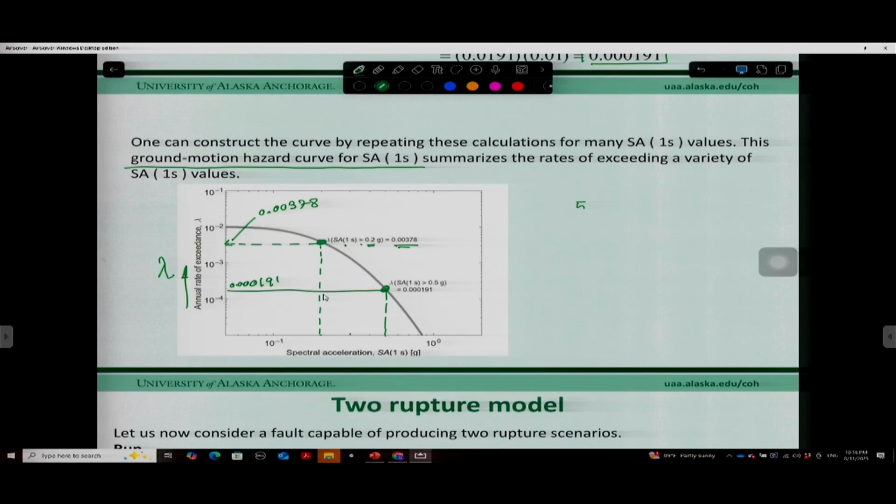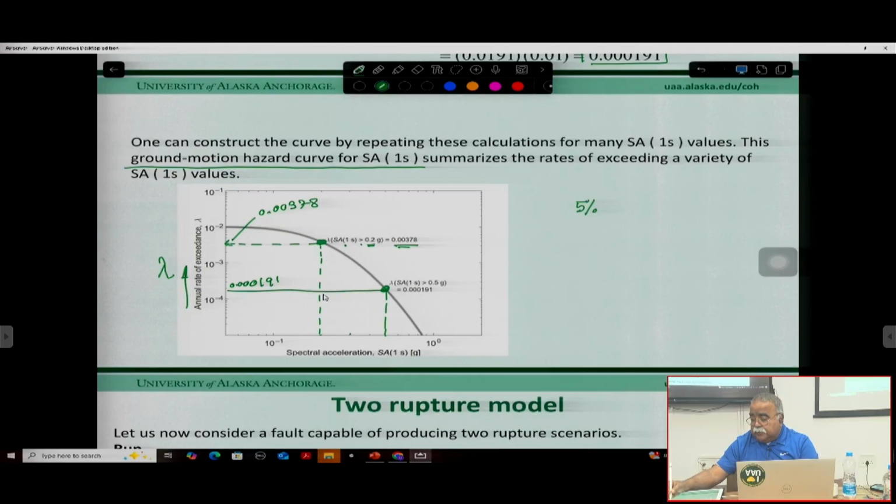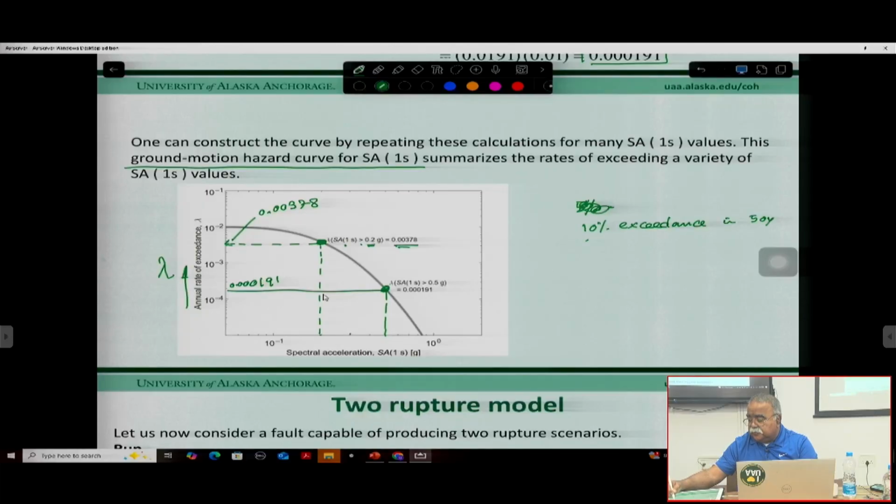So if you have these two parameters, you can calculate the ground motion hazard curve. Now what we actually do in our calculation, whenever the ground motion hazard maps are prepared, we use the 5% exceedance or the 10% exceedance in 50 years, or 2% exceedance in 50 years.